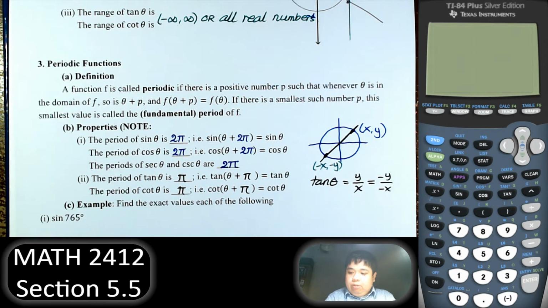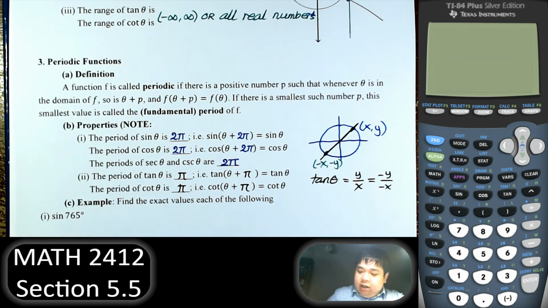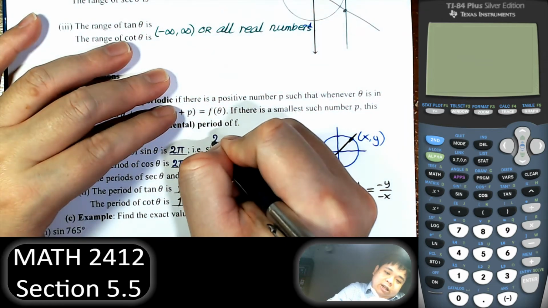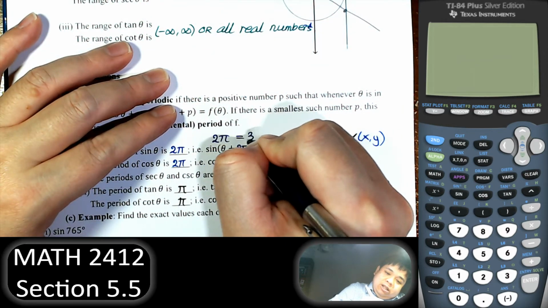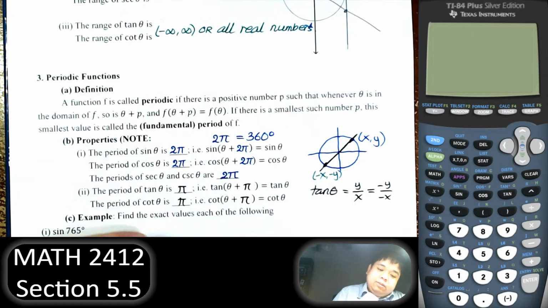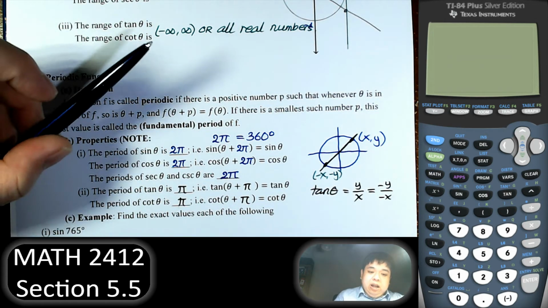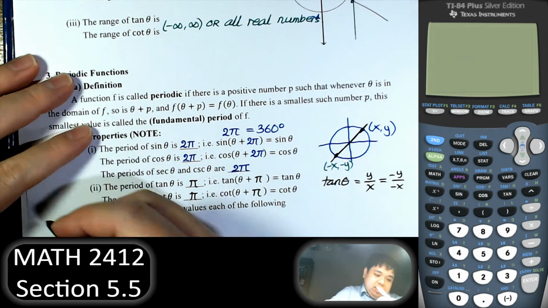So how does that help? By the way, here we use 2 pi, but of course 2 pi is equal to 360 degrees, and pi is equal to 180 degrees.